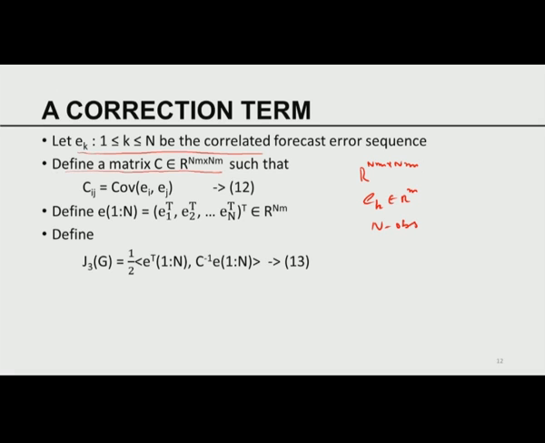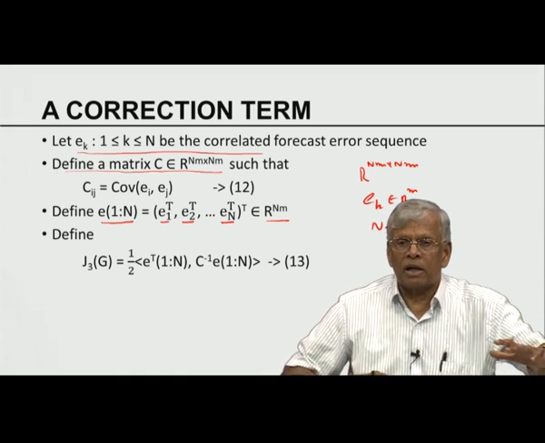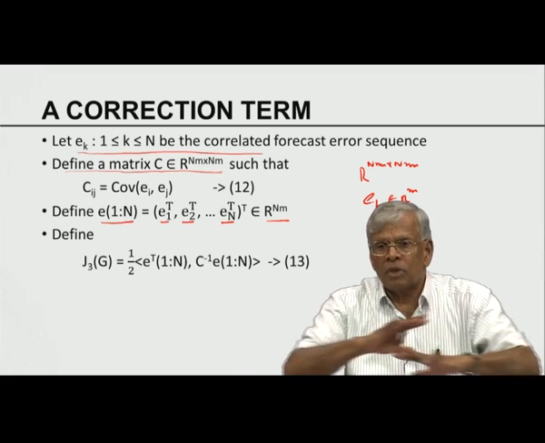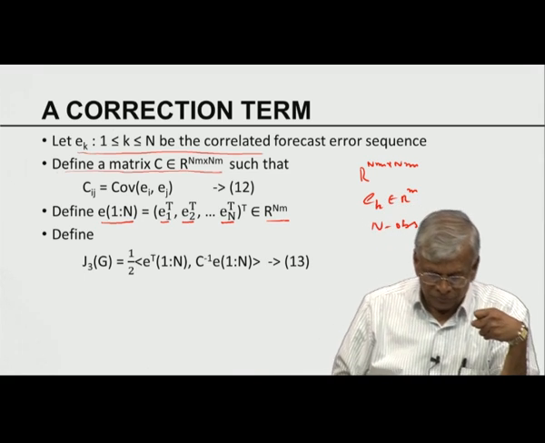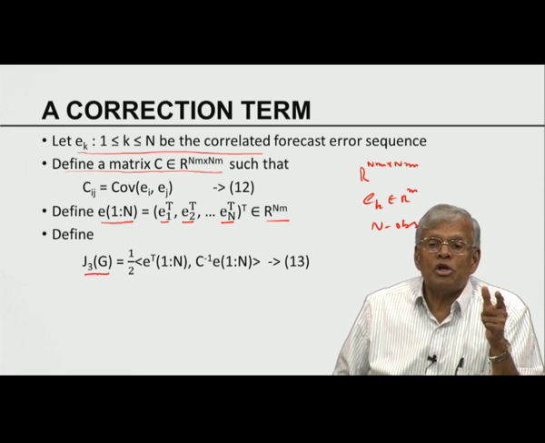So if I consider all the observations together as a gigantic vector, the set of all forecast errors from time 1 to n, I am sticking them all together to get a gigantic vector in R^NM. If I have a vector in R^NM, its covariance must be NM times NM. So C represents a gigantic matrix that represents the serial correlation between all the states.